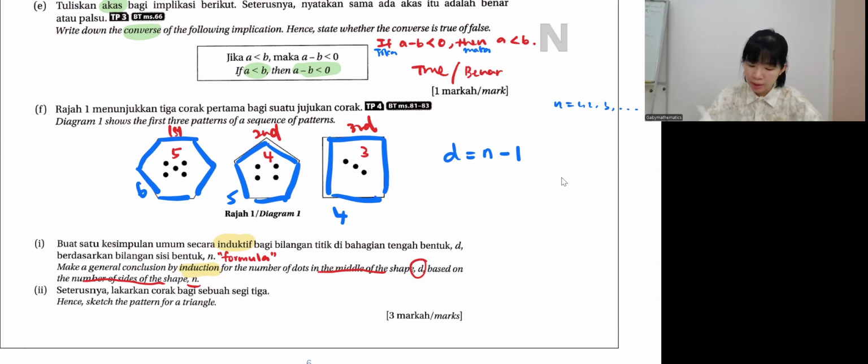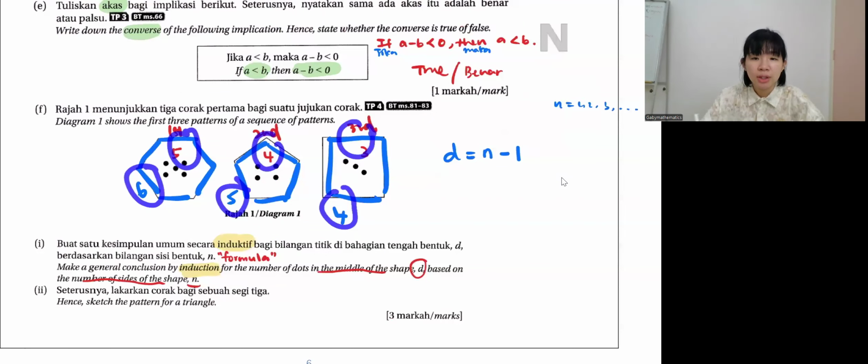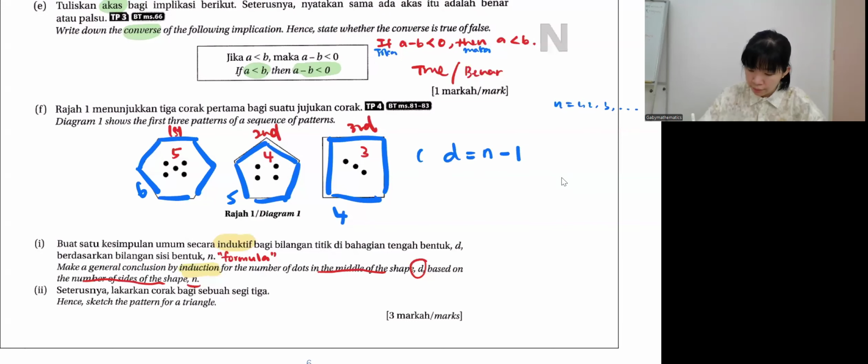So this one no need because it doesn't start from 1 also. It starts from 6 and 5, then followed by 5, 4, then 4, 3. Okay, so for question part 1, this is the answer. So they just want us to show the relationship between D and N.